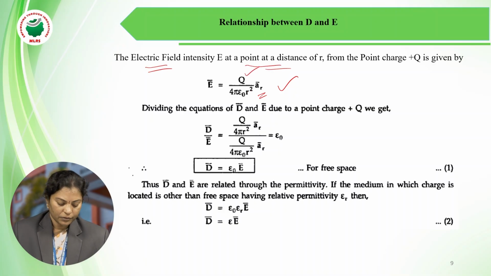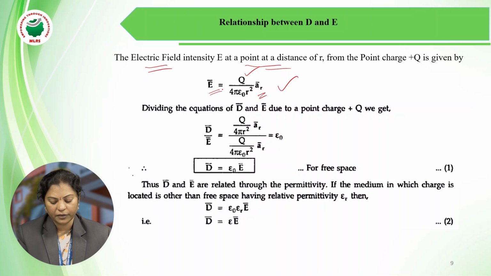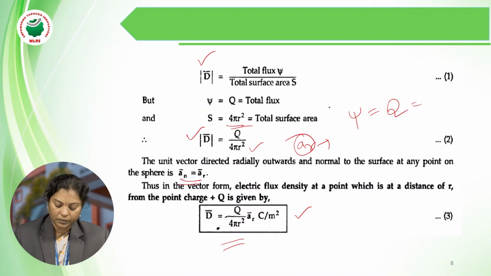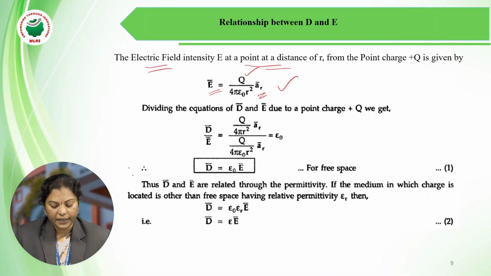Before that I derived the electric flux density, D equal to Q by 4 pi r square into a_r. By dividing these two, we get the relationship between the flux density and the electric field intensity.